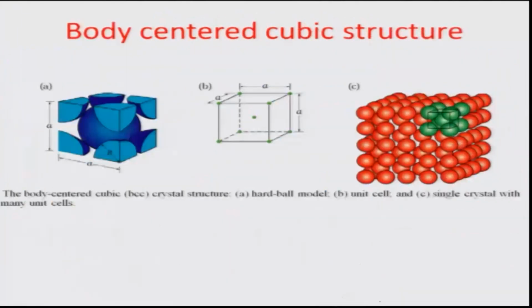So, let us look at the three different crystal structures which we have talked about. The first one is the body centered cubic structure, and what you can see here is that there is a central atom which is placed at the center of the cube, and there are contributions of 1/8 of the atom coming from all the corners of the cube.